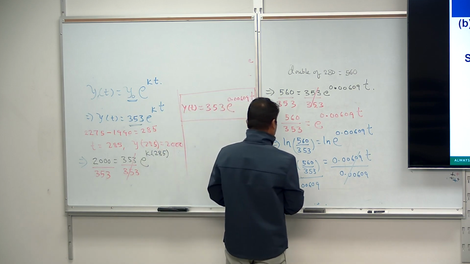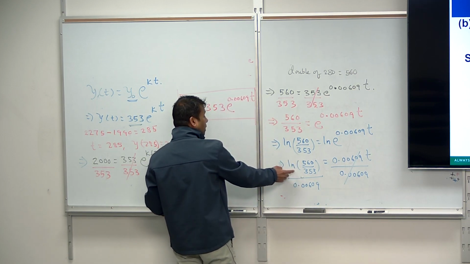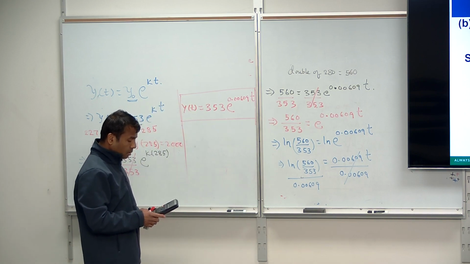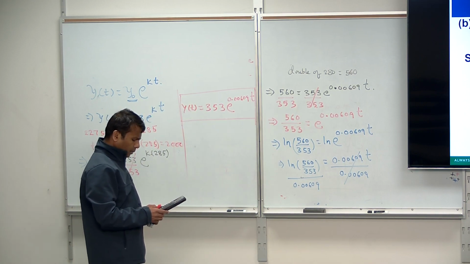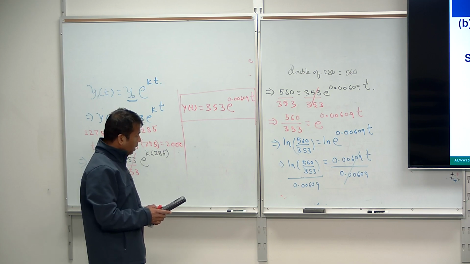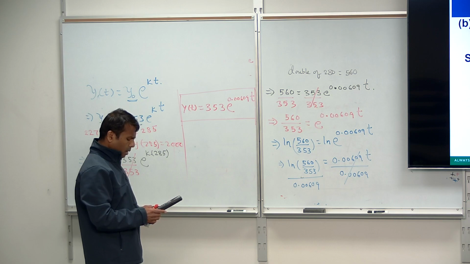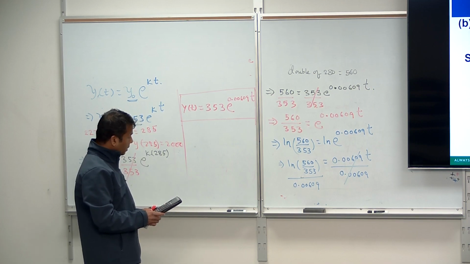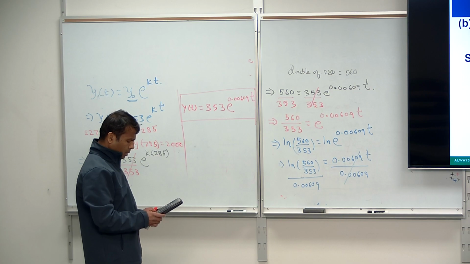So the value of t will be, you use the calculator to evaluate this, okay? So you have ln 560 divided by 353, and then you divide that by 0.00609.